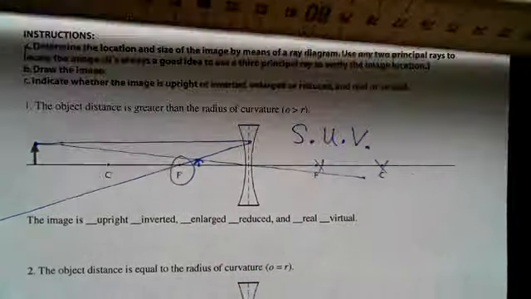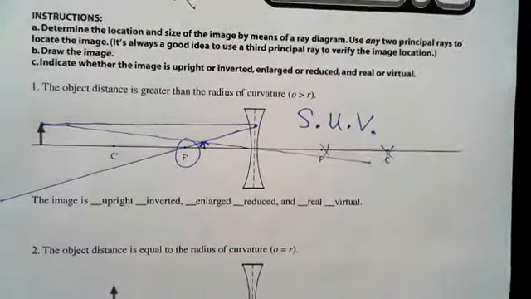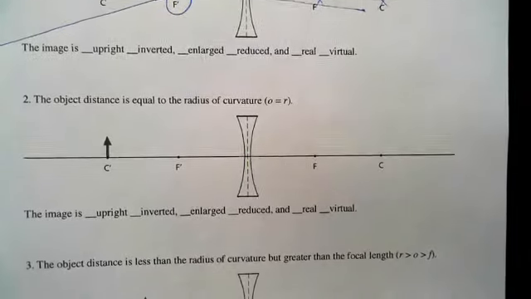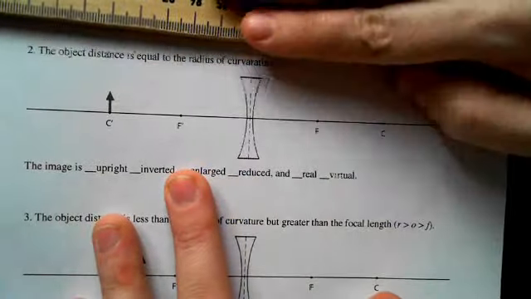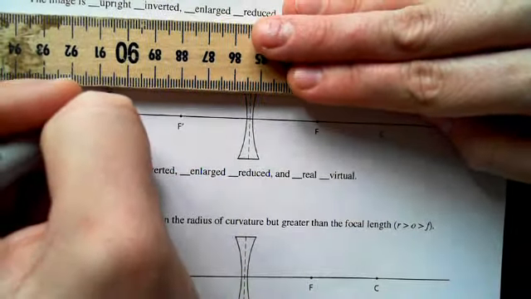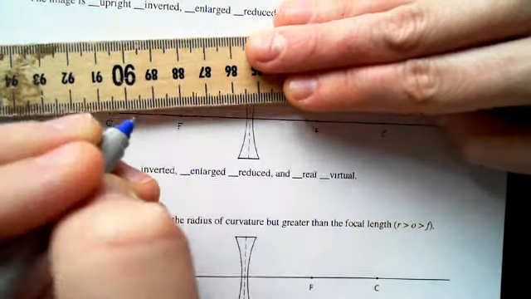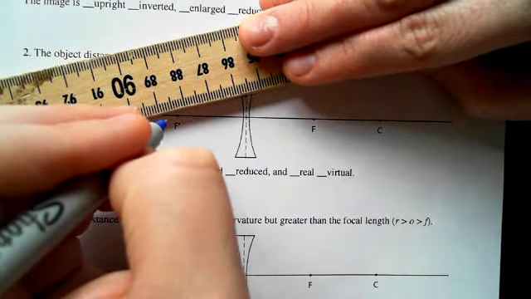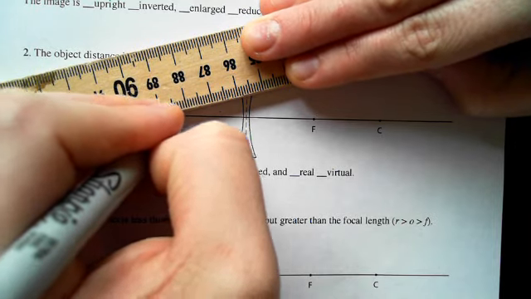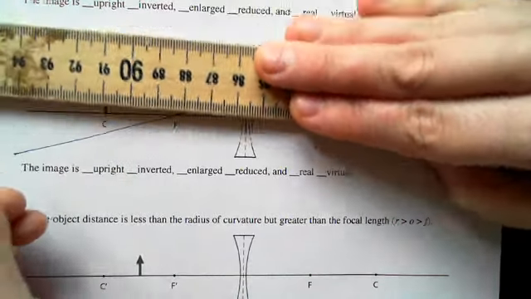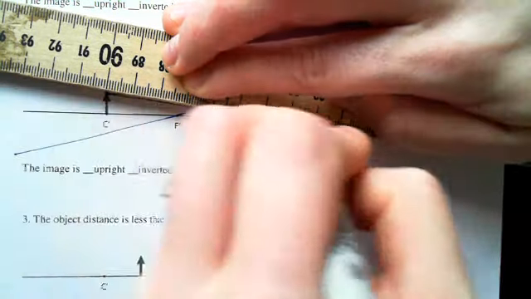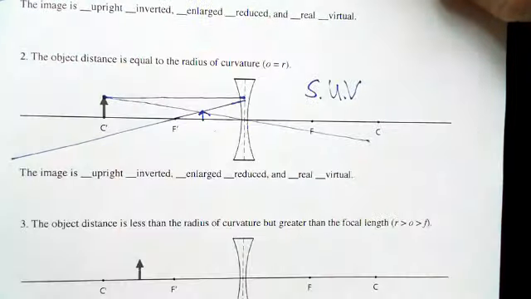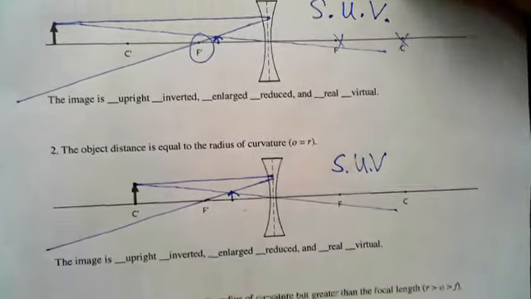The cool thing about these lenses, guys, is that they all have the same image. All of them. Okay? So look. Parallel to focus, center of lens, same thing, see, same image.